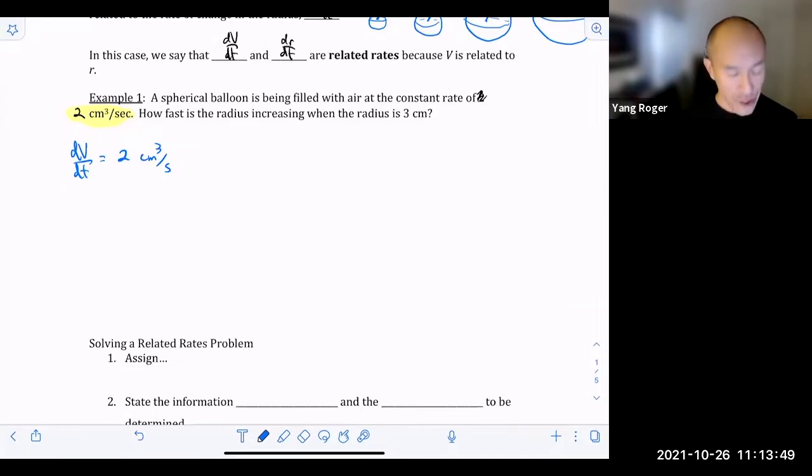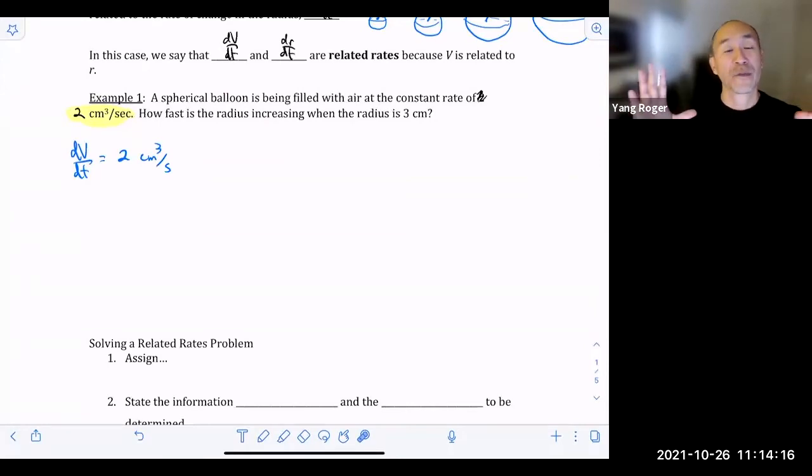I have a question for you. How do you know that this is positive 2 instead of negative 2? Any thoughts? Maybe it's obvious, but I just wanted to check. That's right. It's being filled with air. So if it's being filled with air, that means the volume is increasing.